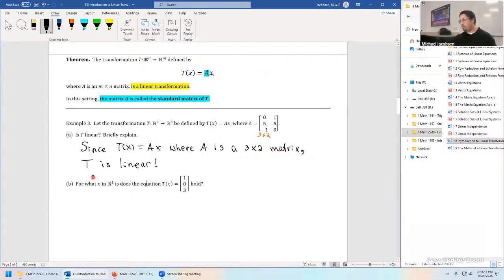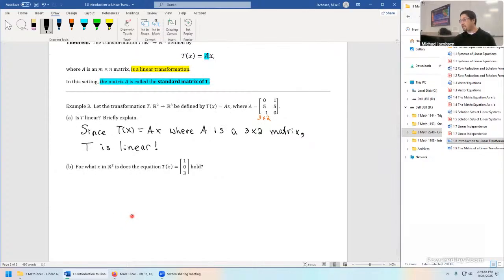It asks, for what x in R2 does the equation T of x equal 103 hold? Really, it's kind of just a review problem, working with row reduction, solving matrix equations. T of x equals 103 directly implies, well, T of x is defined by Ax, so it means Ax equals 103.